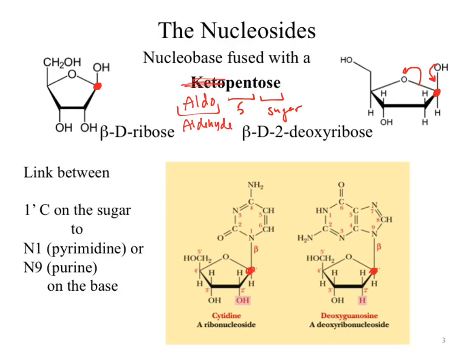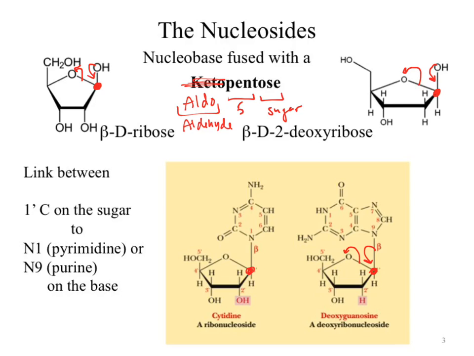Once we've gone through and made the nucleoside, we've lost that oxygen because the nitrogen is replacing it, but ultimately come back down, kick out. In all of these cases, what functional group do we end up with at the anomeric carbon? An aldehyde, not a ketone. So each of these are your aldoses.